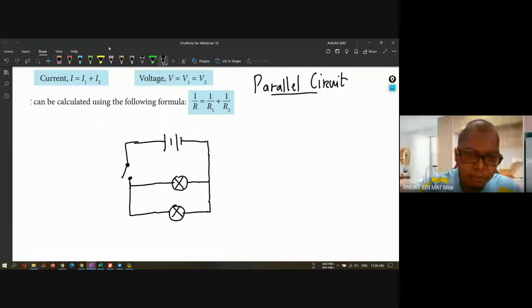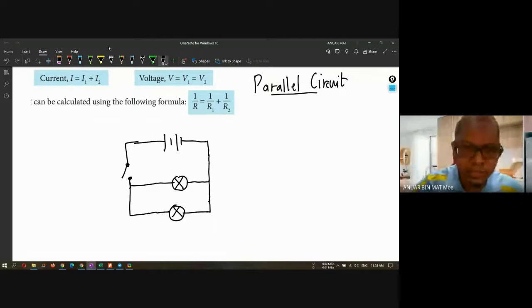Can you identify the loops? How many loops? There are 2 loops, right? Because we are arranging the components, the bulbs here, in parallel, not in series.